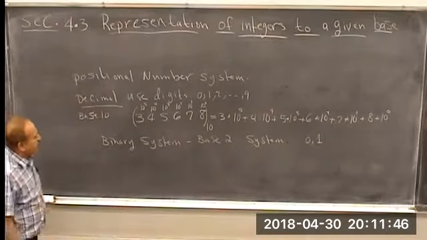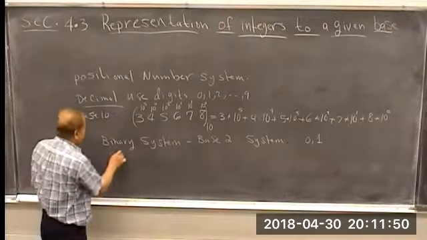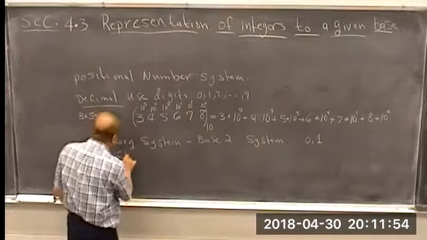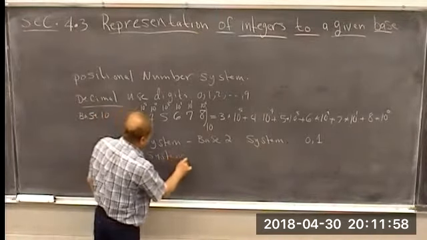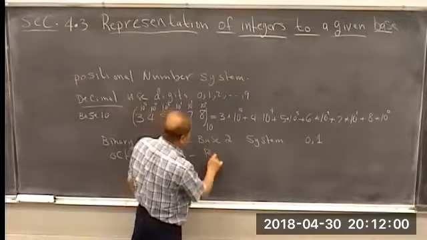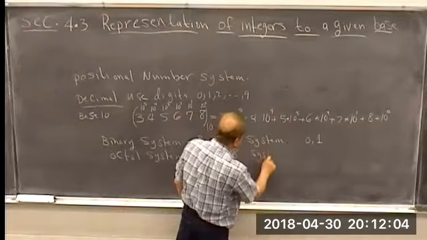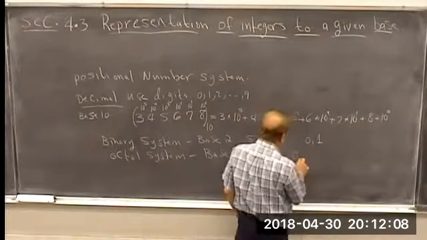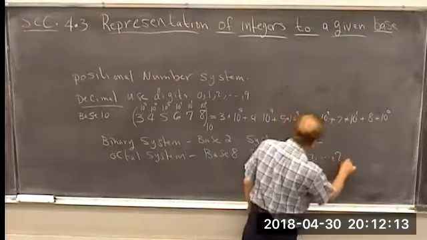All right. Another one in common use is the octal system, or what is called the base 8 system, and of course it uses the digits 0, 1, 2, up to 7.